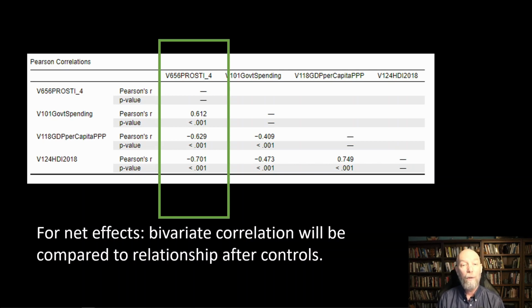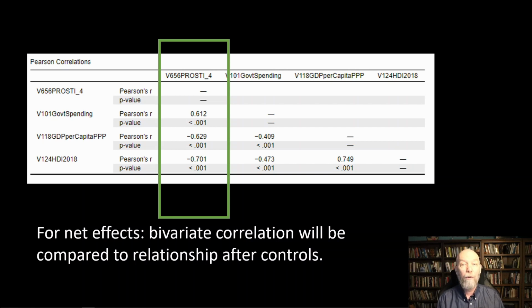But we do care about the Human Development Index value, and that again is a strong, a 0.7, a very strong relationship between HDI value and view of prostitution, but now it's a negative effect. So now we see that as countries have higher Human Development Index values, where the population has more education, higher average income, longer life expectancy. Where that's true, there tends to be a lower percent.